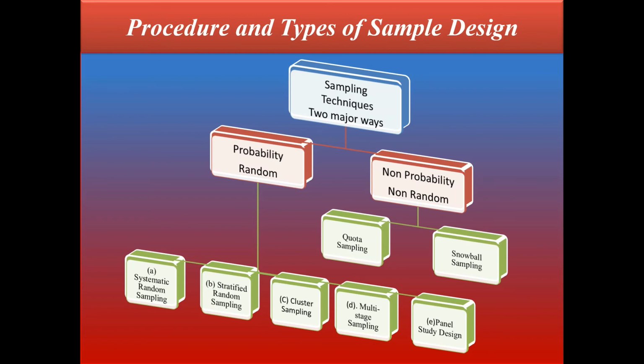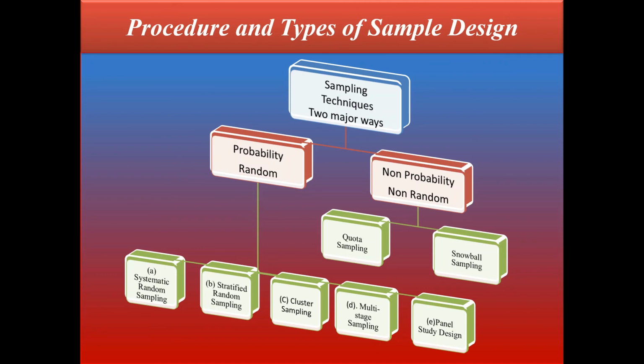There are various types in it: systematic random sampling, stratified random sampling, cluster sampling, multi-stage sampling, and panel study design sampling. Other types or techniques are also there, but normally we use these techniques in our social sciences.